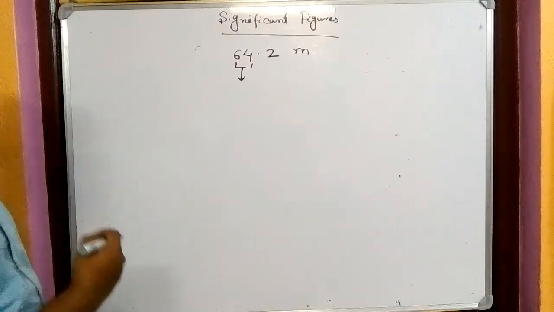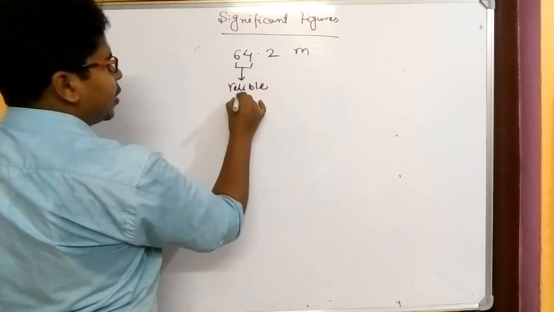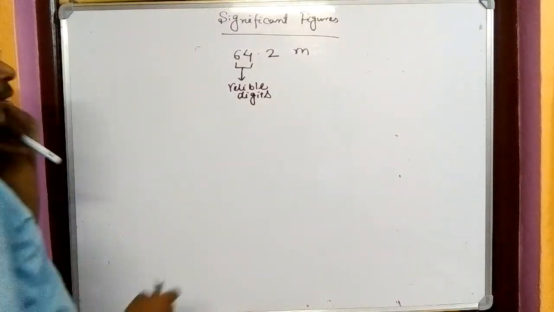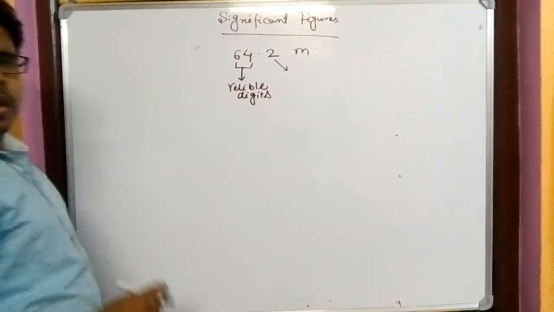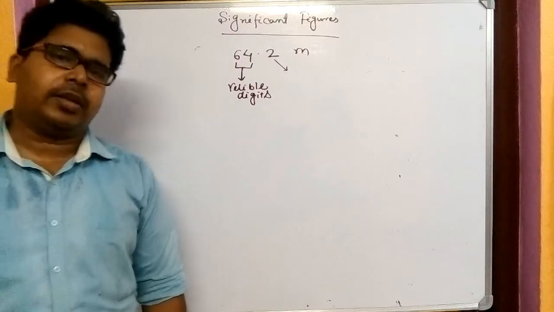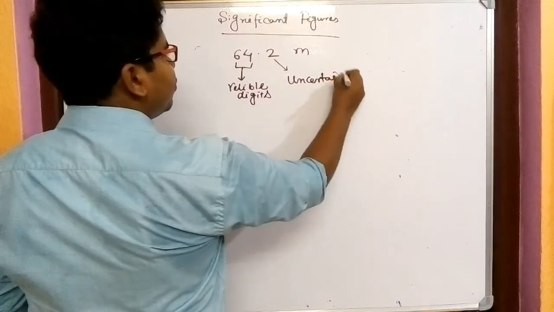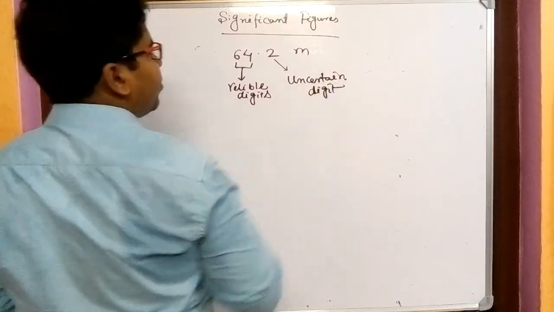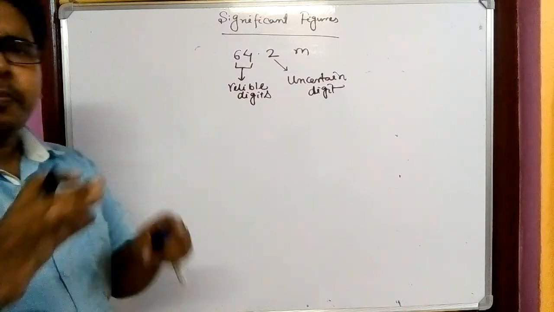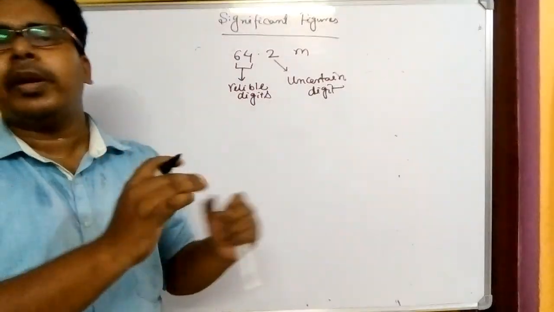We are very much confident about that. So this is called a reliable digit or reliable digits. So two reliable digits are there. After the point, the digit that is there, we are not very much sure about that digit. So this is known as the uncertain digit. So reliable and uncertain, using these two we are representing the magnitude of any physical quantity.